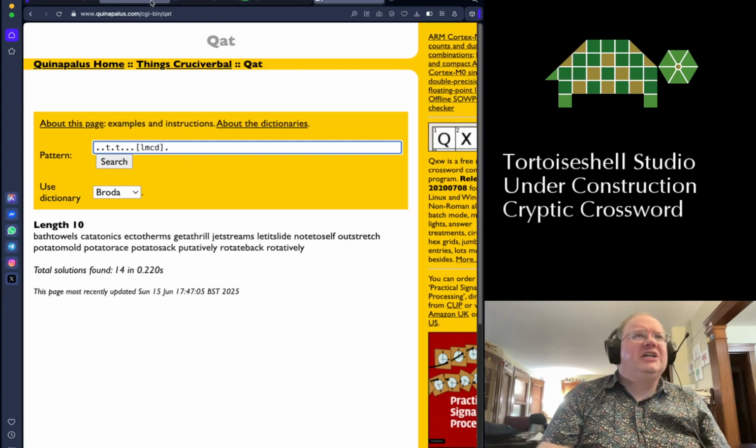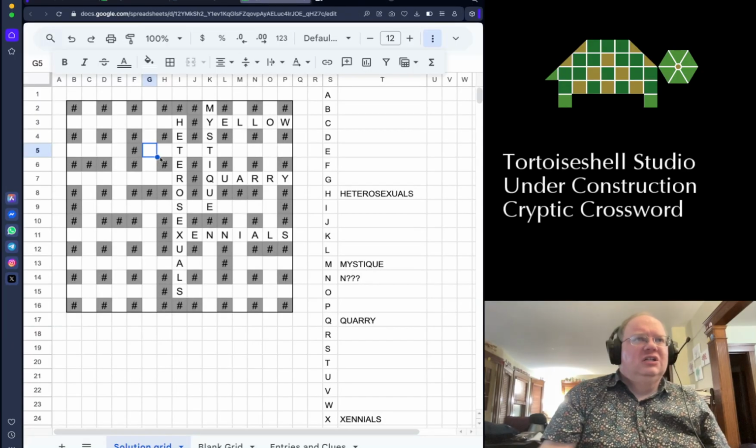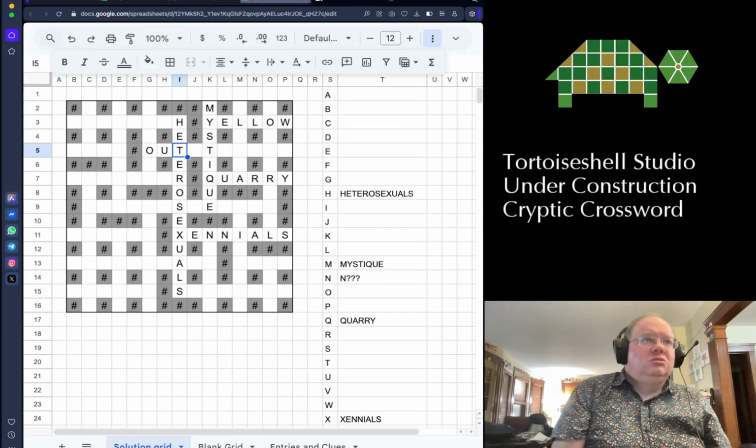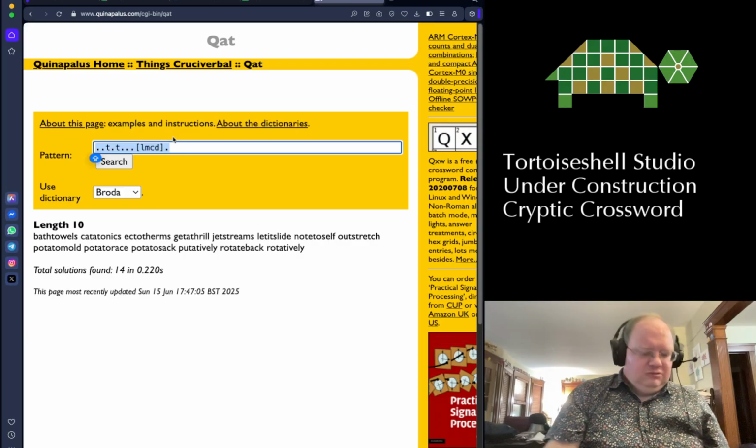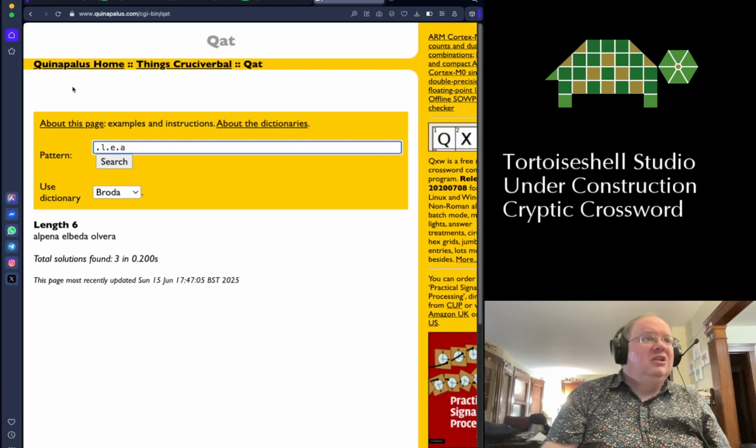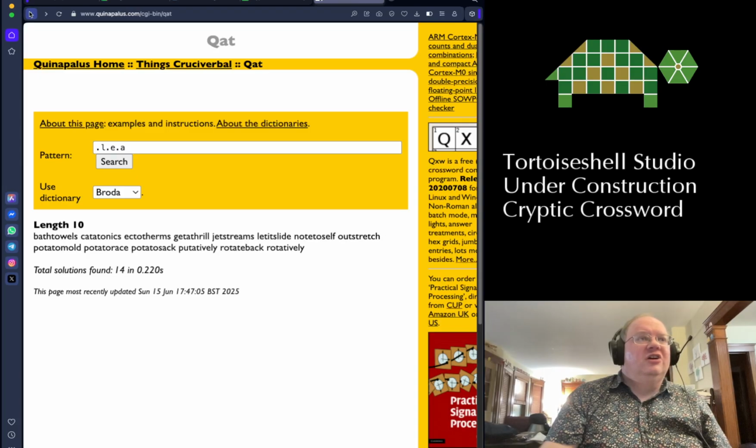Eh, yeah, we'll do outstretch. Oh, now I'm realizing that that might be... We have something like that. I don't know. Not nothing good. So not outstretch.